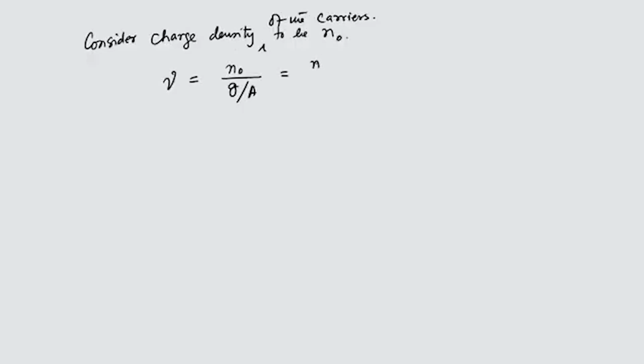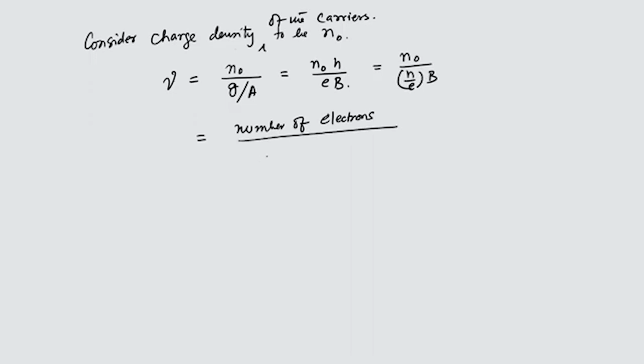And we are talking about a given value of the magnetic field, and this is equal to nothing but n0 h divided by eB, and this is equal to the number of electrons, and I can write this as n0 divided by h over e into B. So, that is the flux quantum. So, this is the number of electrons divided by the number of flux quanta.